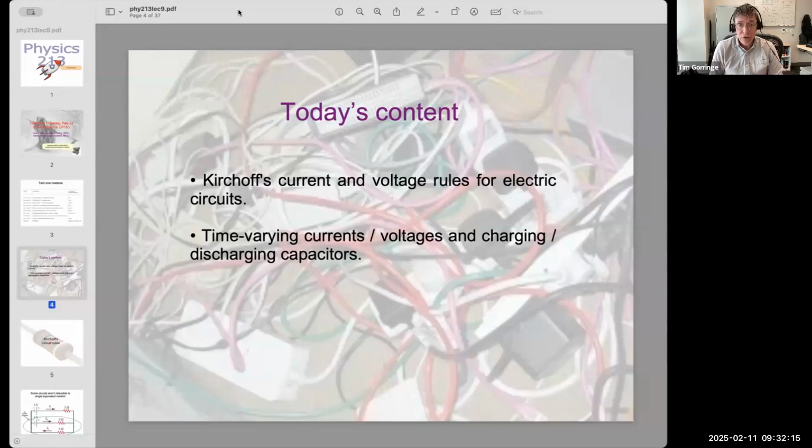And we're going to introduce what's called Kirchhoff's rules. There's a Kirchhoff current rule and there's a Kirchhoff voltage rule. So we'll look at those 2 rules for electrical circuits. And then in the second half of the class, we'll talk about circuits that involve charging and discharging capacitors that involve time-changing, time-varying currents and voltages. So that's the plan, these 2 bullets for today.